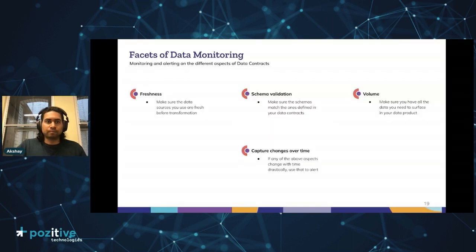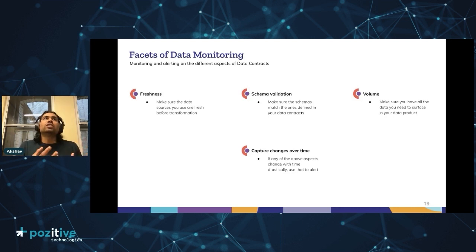When it comes to data monitoring, ideally you want to have monitoring around all the different components that we had discussed for the contracts. You want to have monitoring on top of that. So having some sort of alerting on freshness so that you can detect if any of your source systems haven't been refreshed.